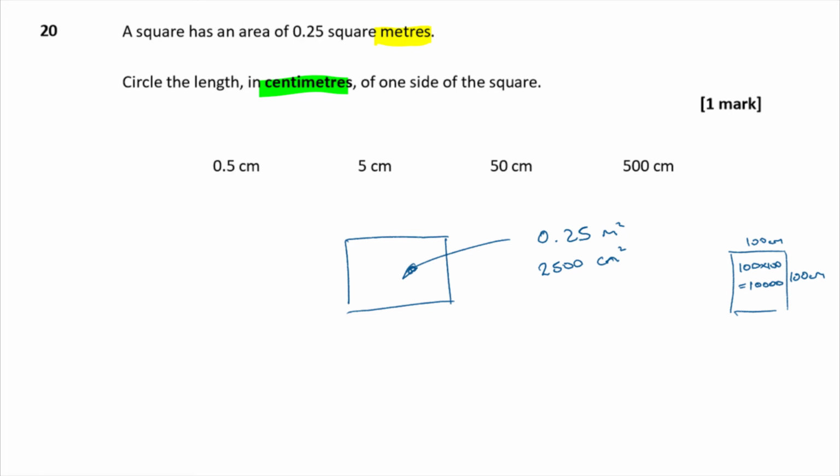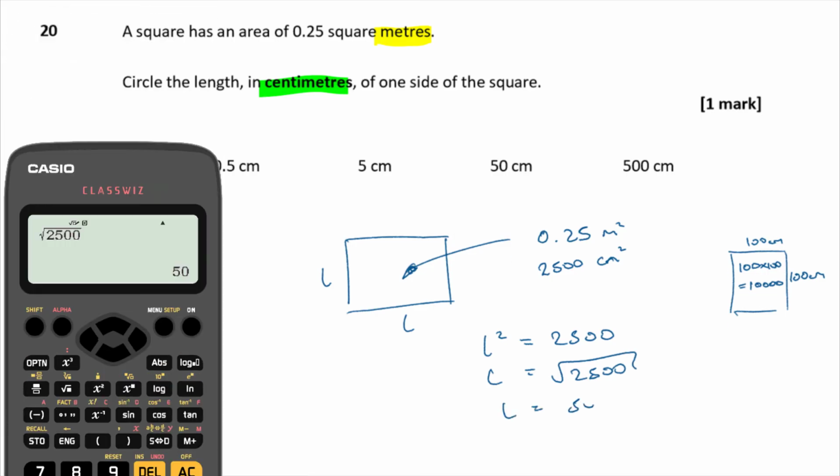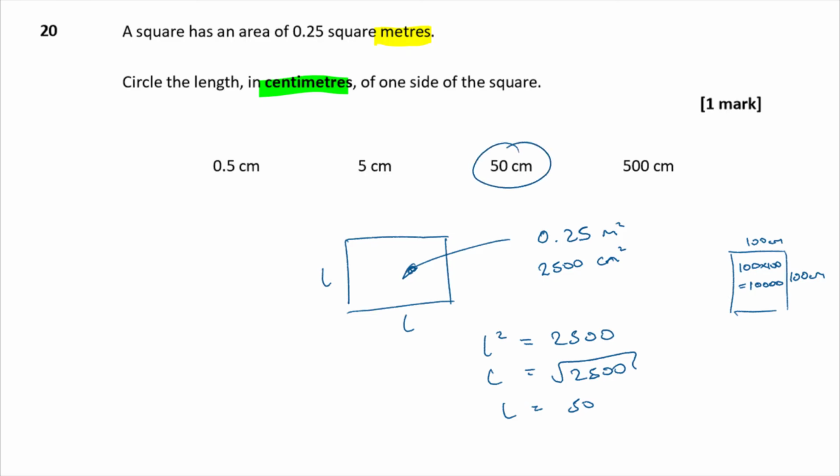Now if it's a square, then both sides are the same, so that's going to be L times L. So then L squared is equal to 2,500. So what's L then? It's going to be the square root of that, isn't it? So what is the square root of 2,500? That comes out to be 50. So then L is 50. It's that one, 50 centimeters.